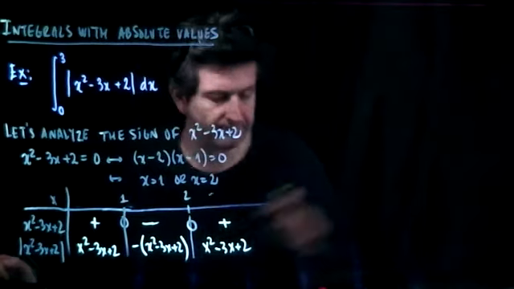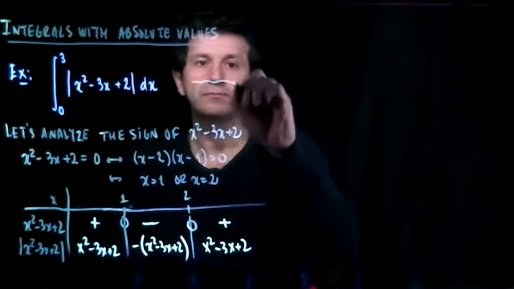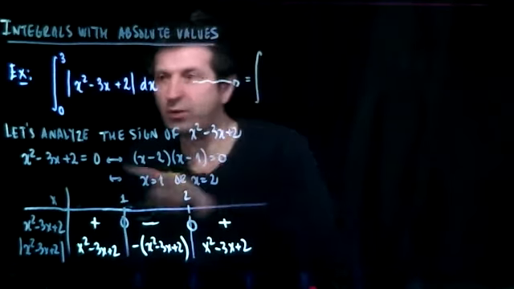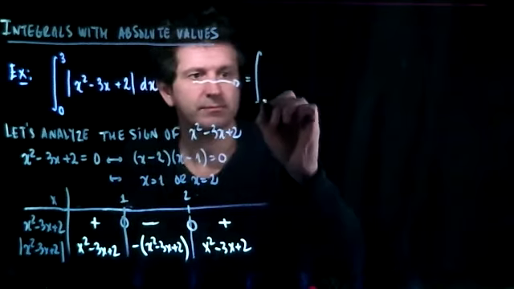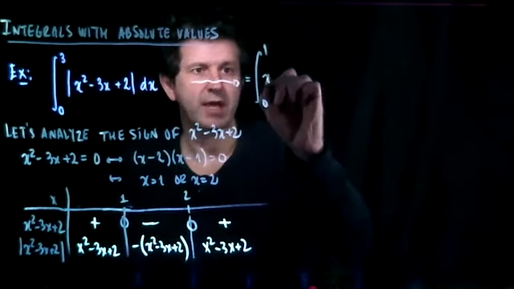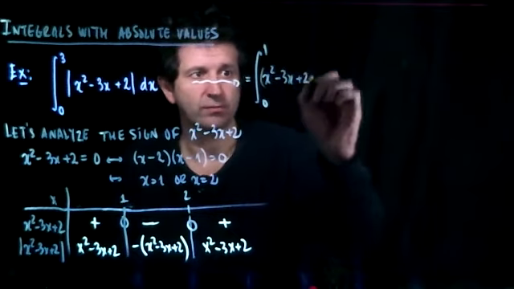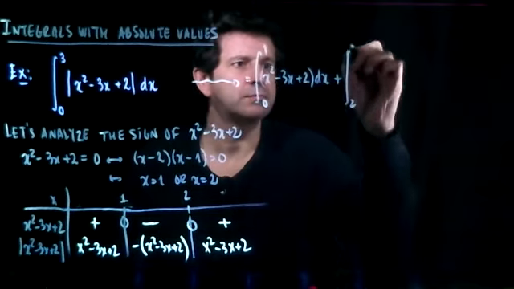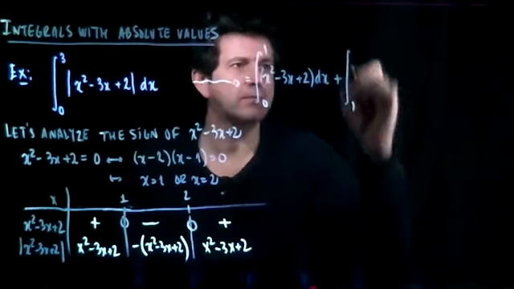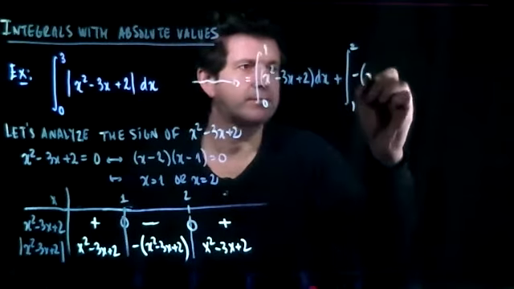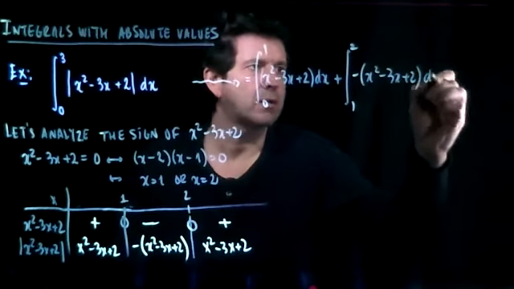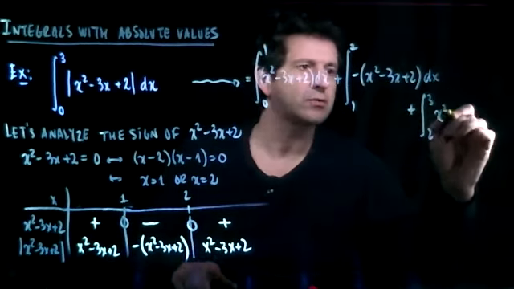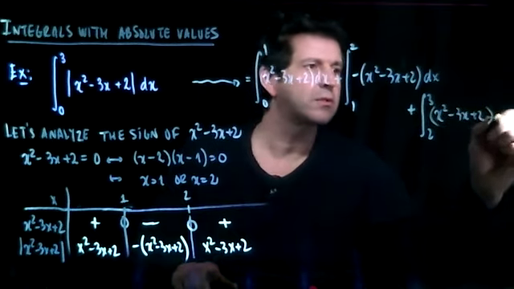Okay, so let me set it up. Using what we just discovered, this integral will be equal to the integral from 0 until 1 of the positive, x^2 minus 3x plus 2 dx, plus from 1 to 2, I will take now the negative, and then from 2 to 3, again positive, x^2 minus 3x plus 2 dx.